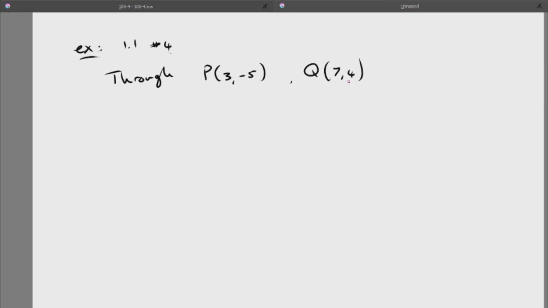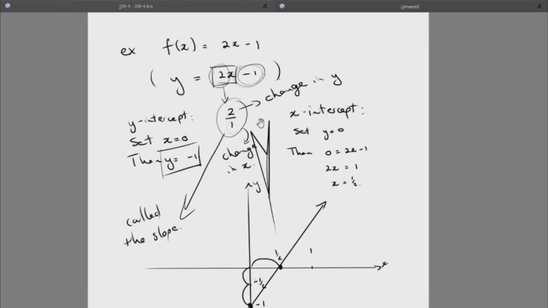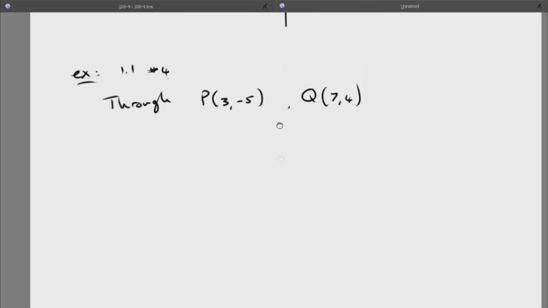Now, yeah, I can graph the points and try and be as accurate as possible, but that's not going to be something that I can rely on. Now, in pre-calculus, if you remember these things very well, we had multiple forms for the straight line equation. You had the slope point form and the point form and the slope intercept form, which is this one.